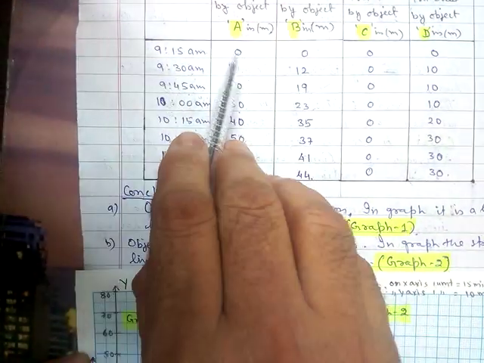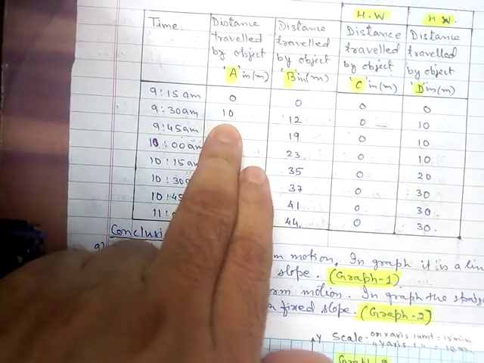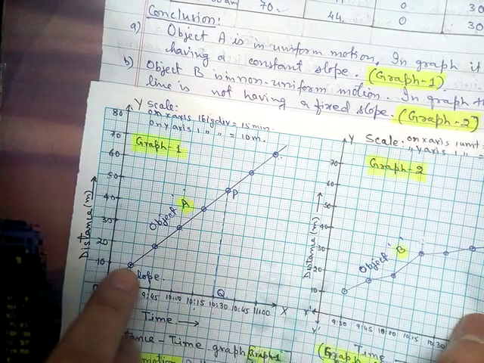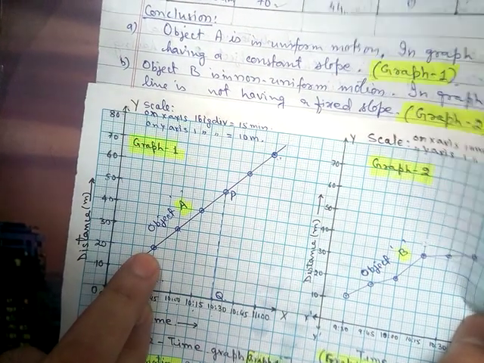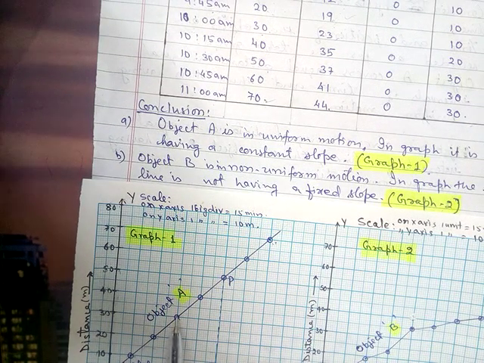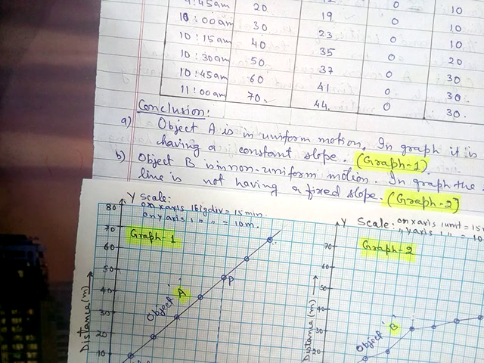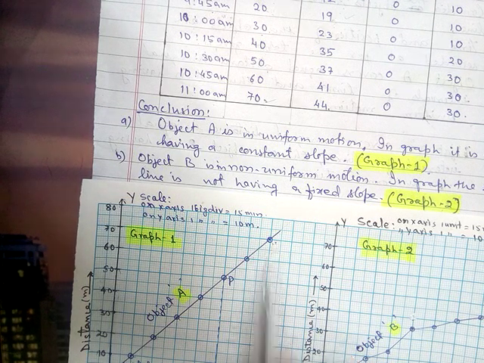Now we see from the data that at 9:15 am it is the starting point, that is the origin. At 9:30 it's covering 10 meters, thus we have 10 meters over here. At 9:45, 20 meters, and at 10 o'clock it is 30 meters. In this way at 11 o'clock it covers 70 meters.